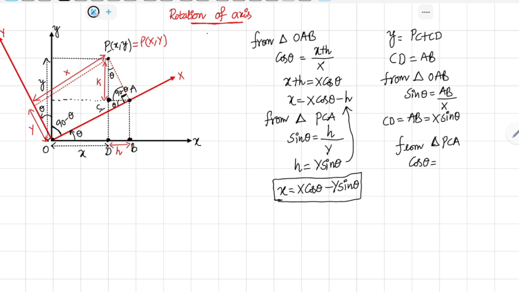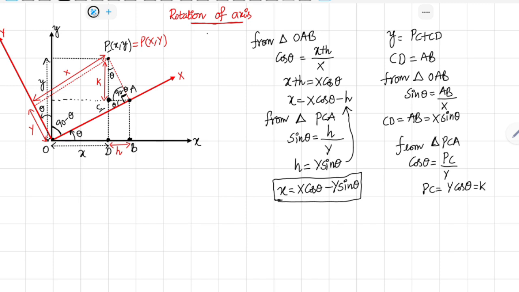Here adjacent side is PC by hypotenuse is capital Y from the diagram. From this you can write PC is equal to capital Y cos theta. So Y cos theta is also same as K from the given figure.